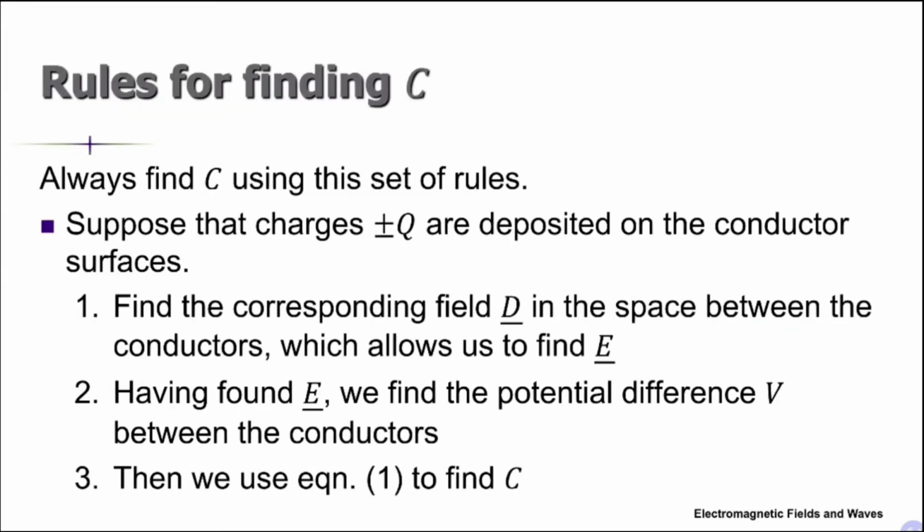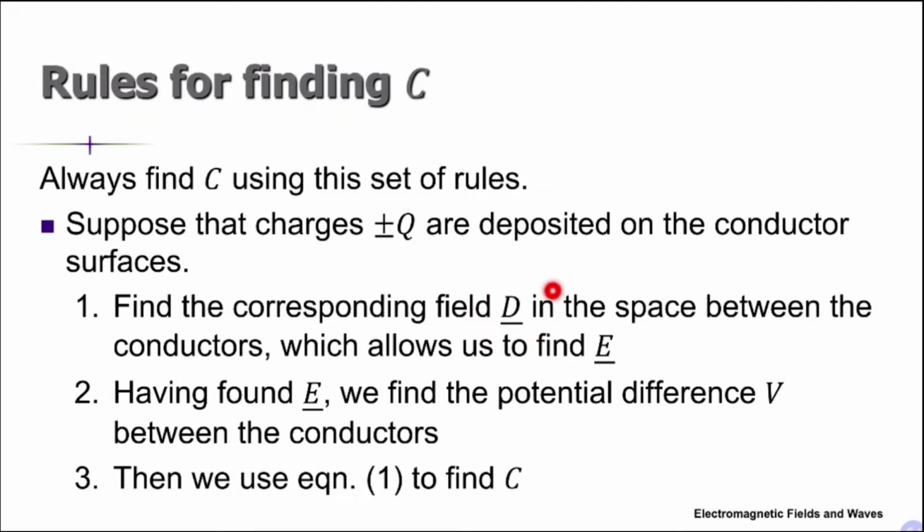So how can we find capacitance? These are the steps that you can use. Suppose plus and minus Q charges are deposited on the conductors' surfaces. First you find D, the electric flux density.